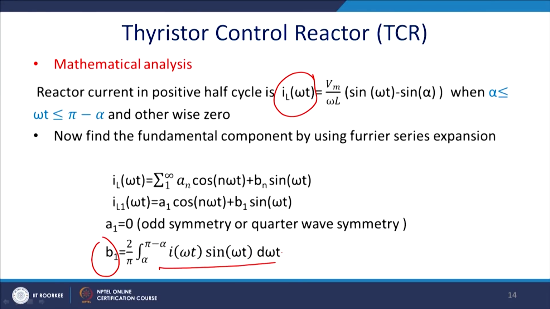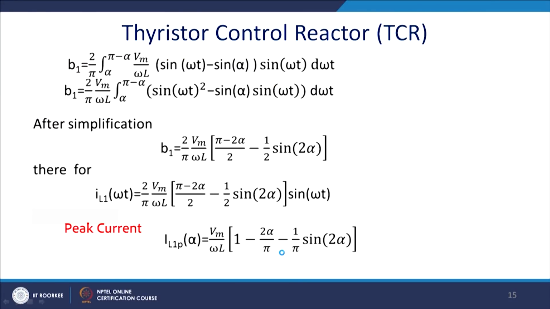So, from there we can do these calculations and find that B1 will be 2 by pi Vm by omega L, that is by XL, times (pi minus 2 alpha) by 2 minus half sin 2 alpha.